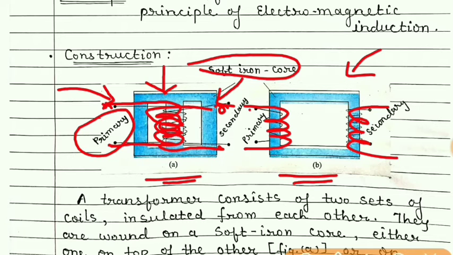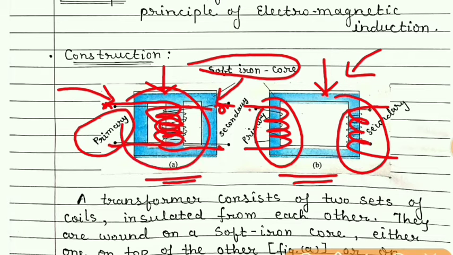They are made up of metal, but they are insulated, and this is a soft iron material. So definitely, as there are two coils, there will be a mutual induction. Here also there are two coils, but they are wound over one another, and they are not in direct contact with each other because they are insulated.